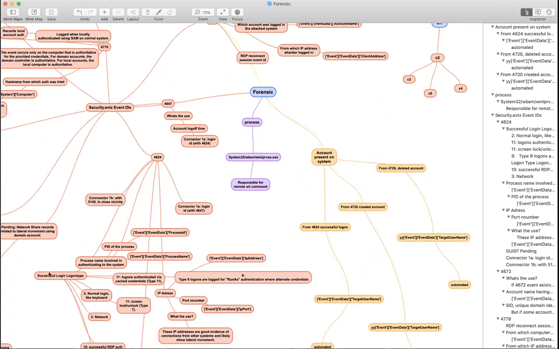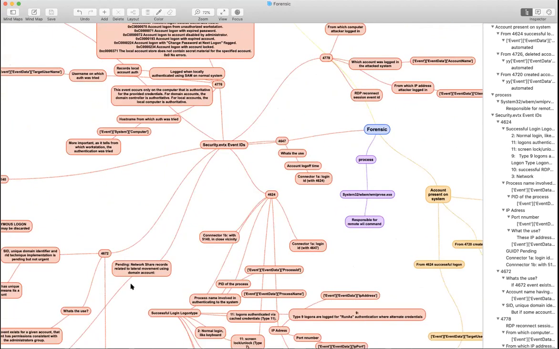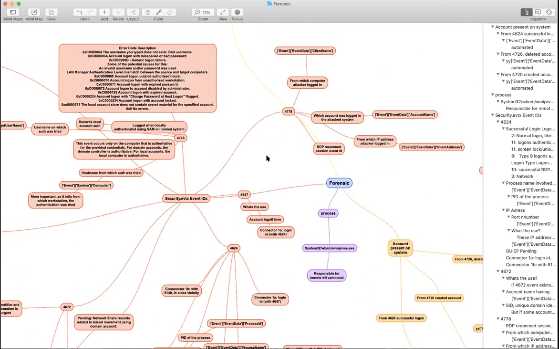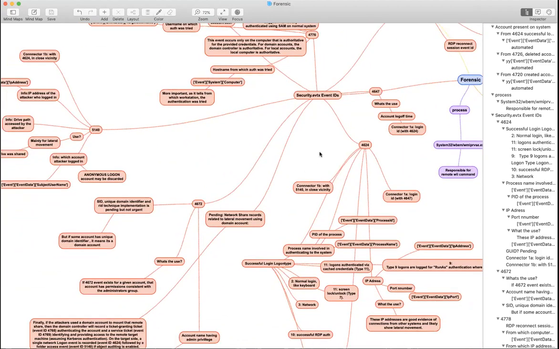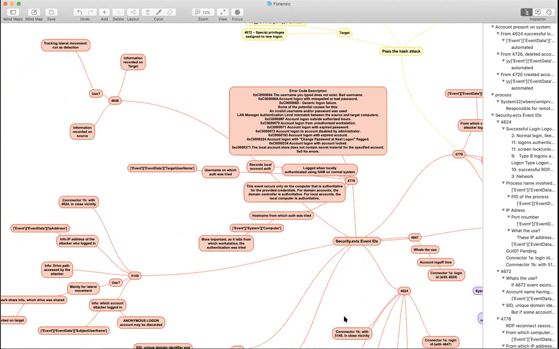Also, you can see there are a lot of things that one analyst needs to check. It's not just that. When you are seeing the 4624, you see there is some connection, like connector 1A 4647. So you need to check that information, 4624, and match it with some other ID like 4647, or 4648, another thing.